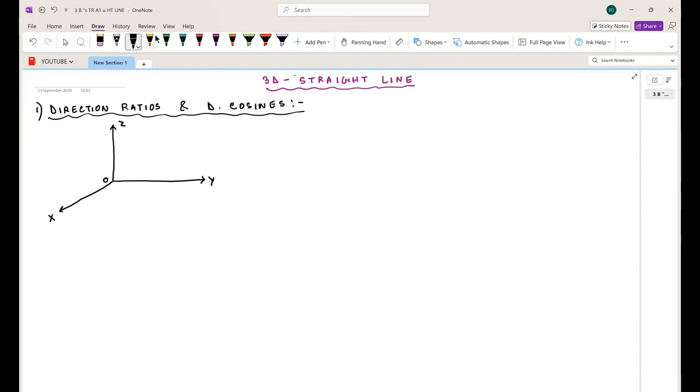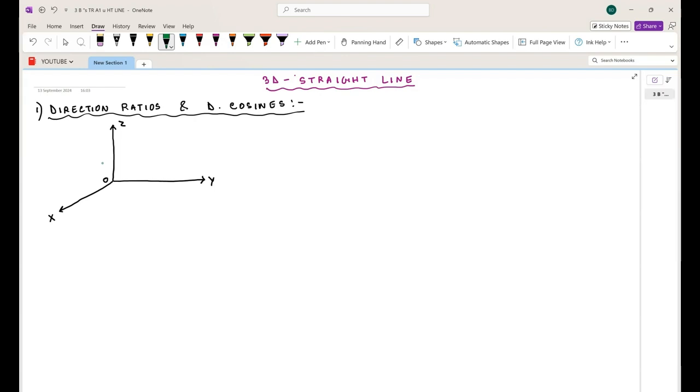Now suppose there is a straight line passing through the origin, and the line is lying in the space. Just for the sake of convenience, imagine the room you are sitting in, that is the first octant. So you can fix the lines along the floor and the roof and the wall as XYZ, as I showed you in class 11.